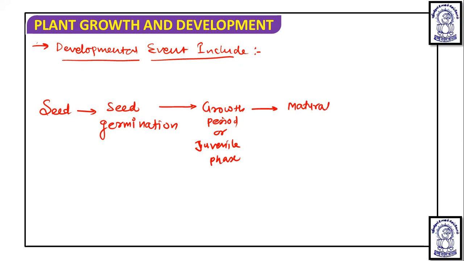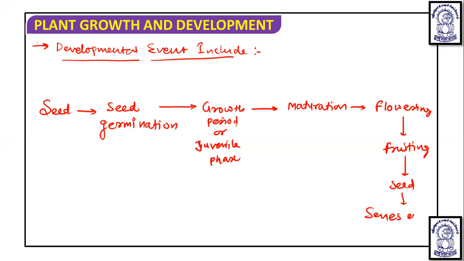So maturation takes place, then flowering will be observed, then fruiting will take place. From fruits the seed again becomes available, and then senescence will be observed.